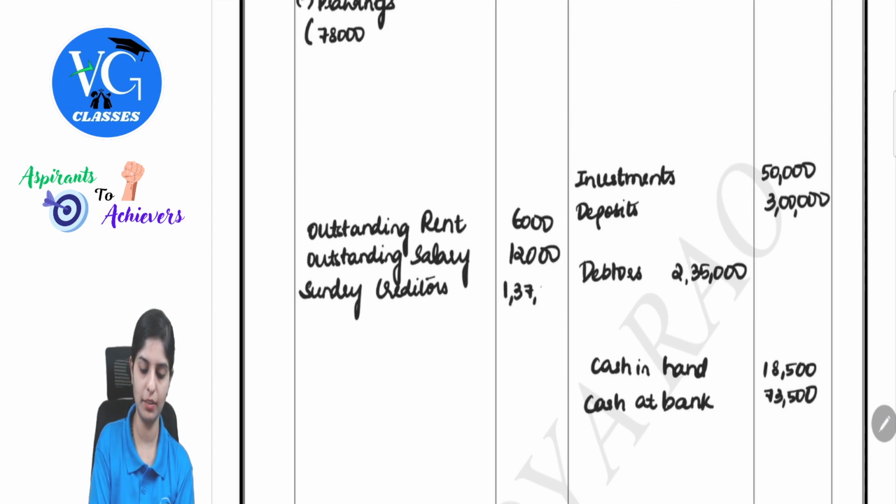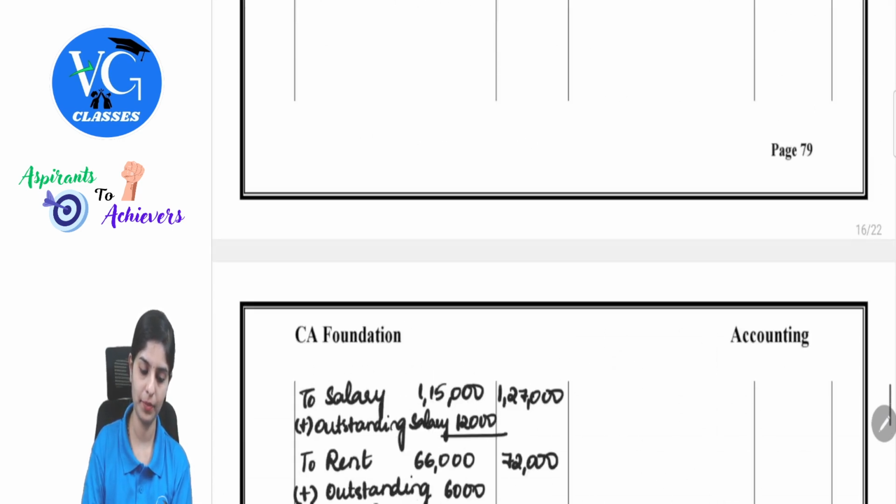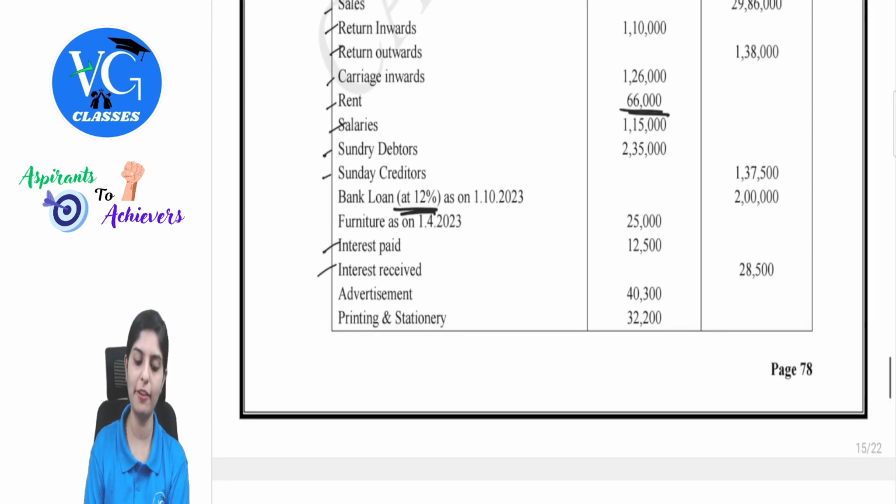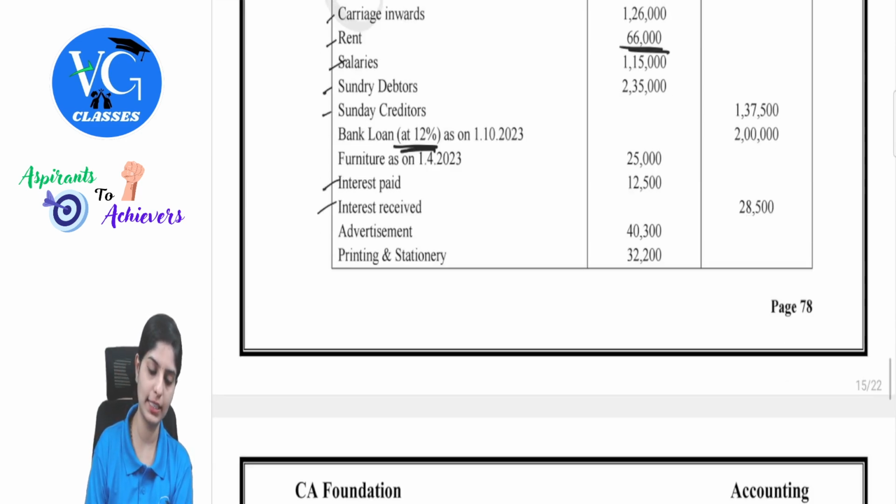Then we have bank loan at 12% as on 1st October 2023. First of all, bank loan is a long-term borrowing. So liability side, 2 lakh.